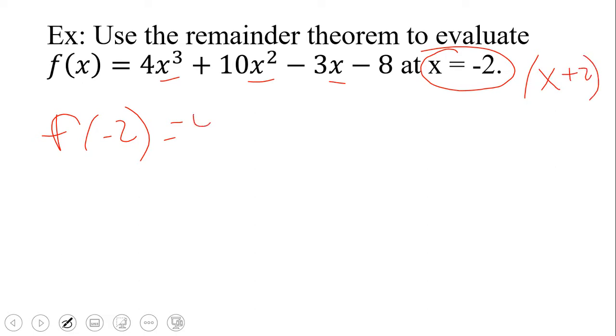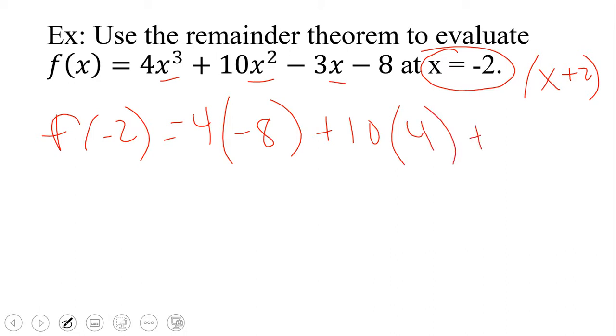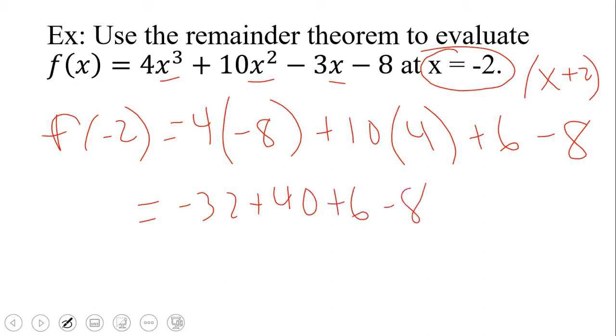So f of negative 2 would be 4 times negative 2 cubed, which is negative 8, plus 10 times negative 2 squared, which is 4, negative 3 times negative 2 would be plus 6, and then minus 8. So negative 32 plus 40 plus 6 minus 8. Negative 32 plus 40 is 8, plus 6 is 14, minus 8 is 6. So f of negative 2 is equal to 6.